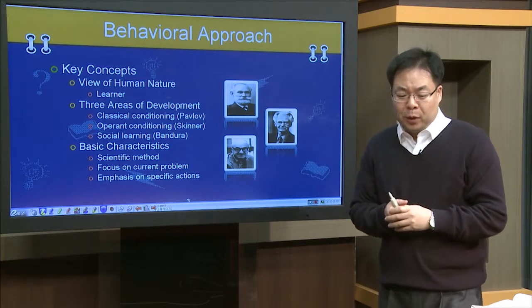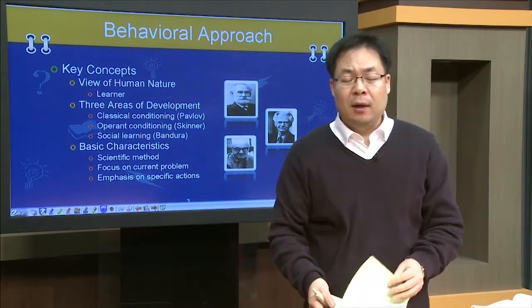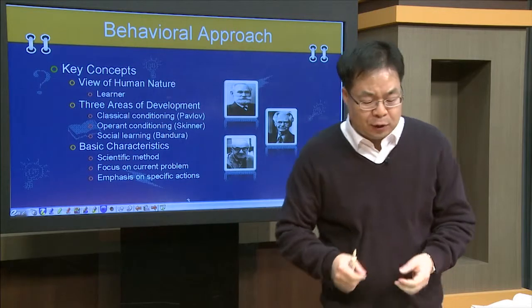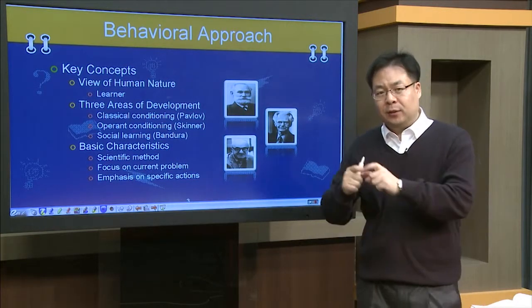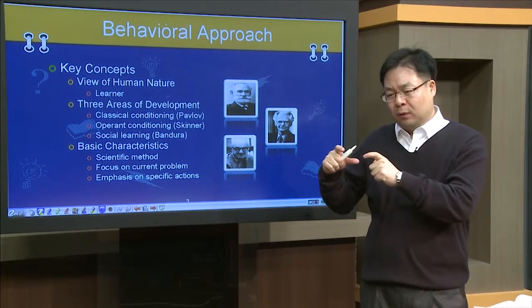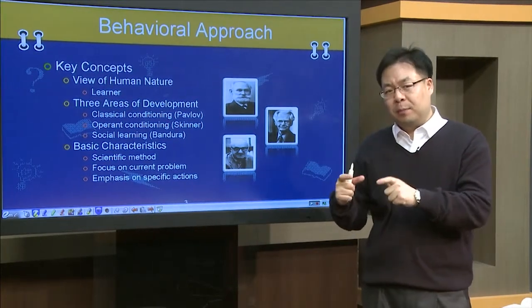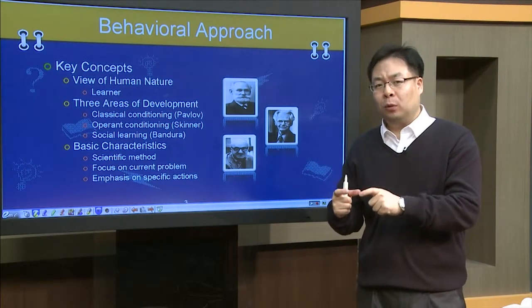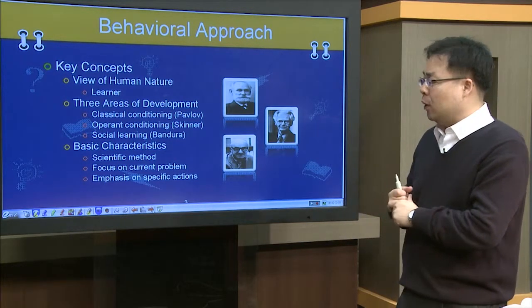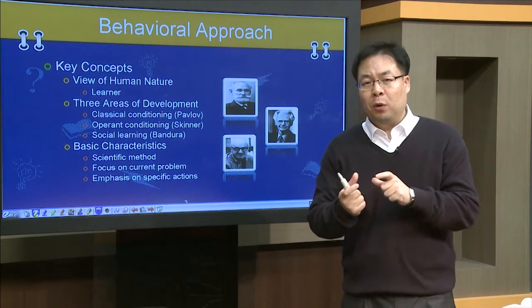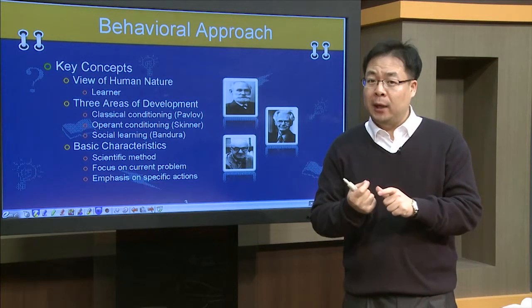So the behavioral approach, compared to the psychodynamic and existential/humanistic approaches, is very focused on specific behavioral change. The view of human nature is that they regard a person as a learner of behavior.